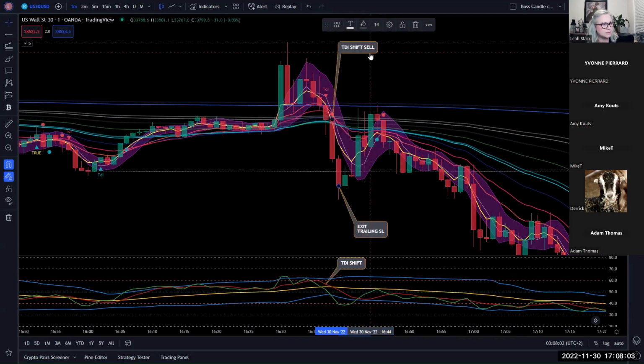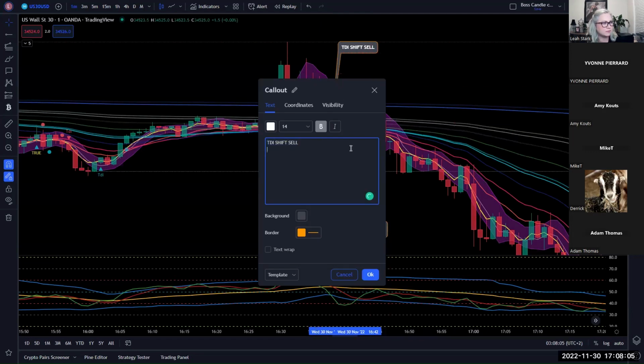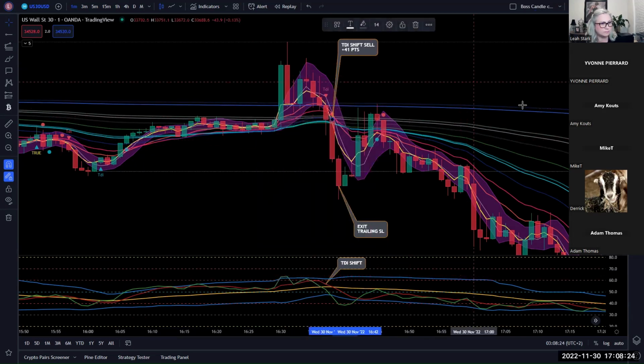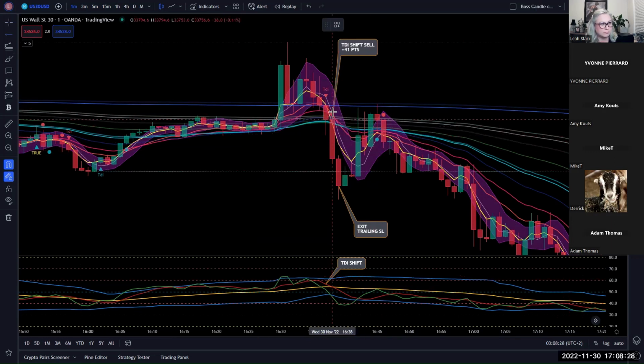How many points did you receive for this trade? On that one, 31, 30, 41. 41. Yeah, 808.94 to 773. And I'm on Fusion, so I always look at Global Prime.